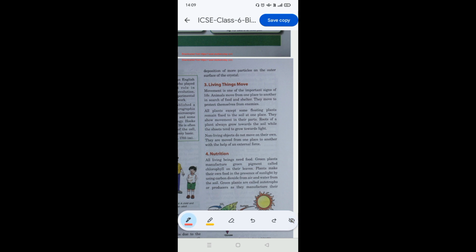Moving on to the third category, living things move. Movement is another criterion after cells and growth of living organisms.